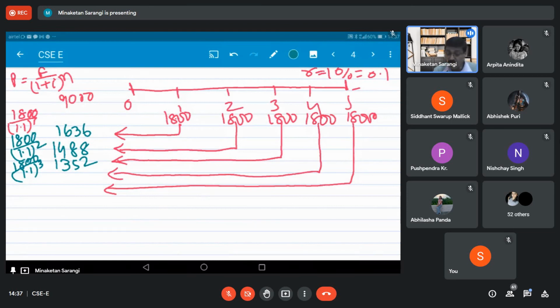Again, for the fourth year, 1.1 to the power 4 is 1.4641.